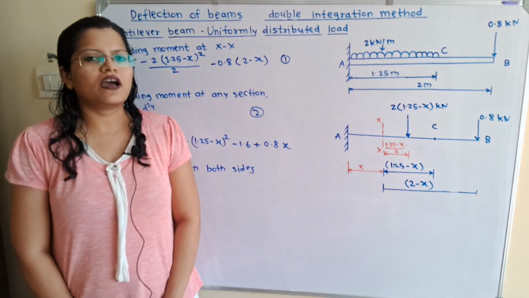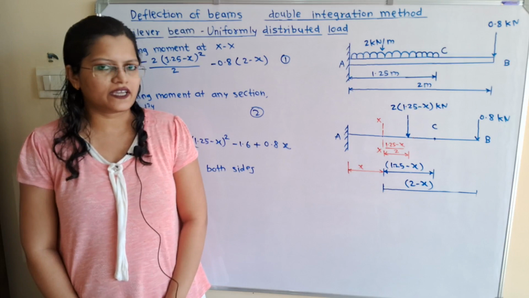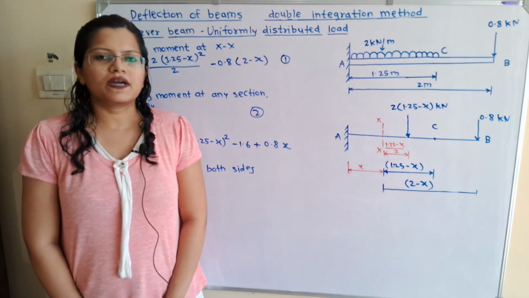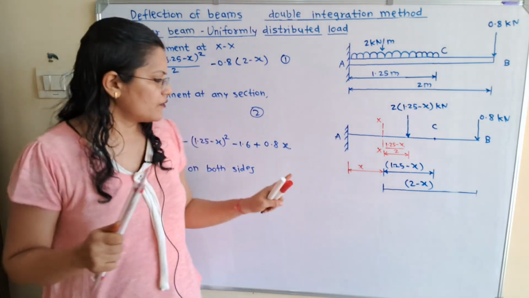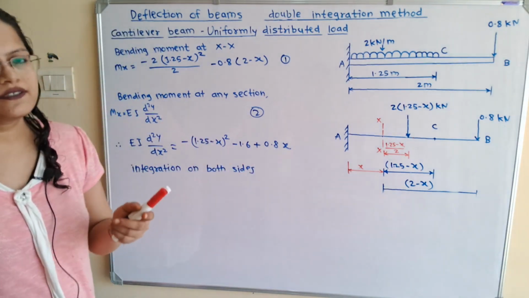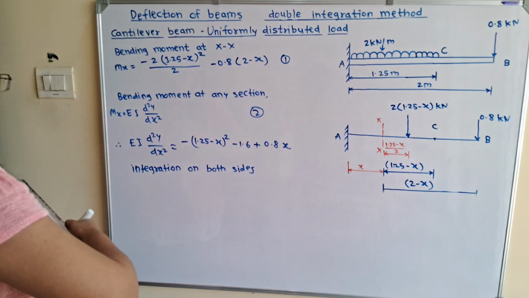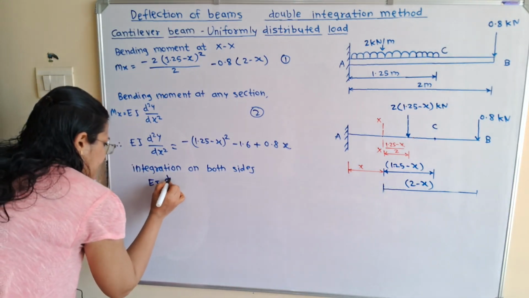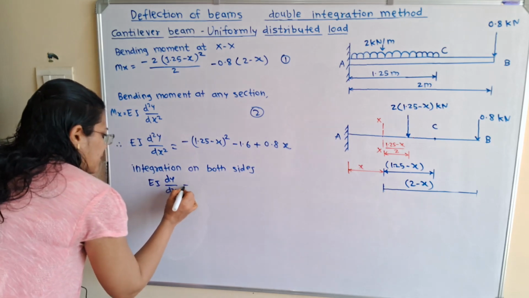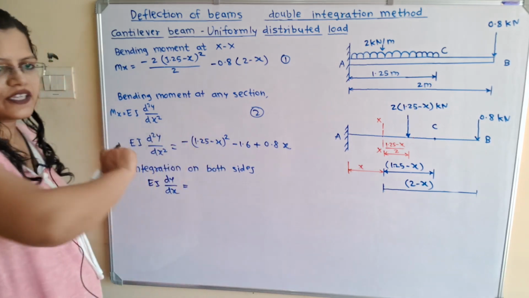We have to find out the deflection at the free end by using double integration method. So we will first take the integration for this equation to get the slope equation. So integration on both sides we will get EI dy by dx is equal to, now how to take the integration of this bracket?